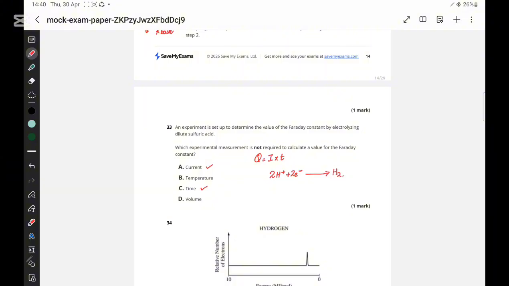In order to find the moles of electrons, there are 2 moles of electrons for each mole of hydrogen collected, so we would be needing the volume of gas to find the moles of electrons. Volume is necessary for us to determine the moles of electrons, but we would not be needing temperature here. So the answer is going to be B.